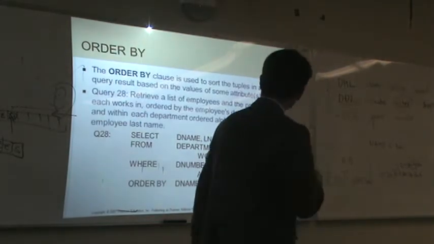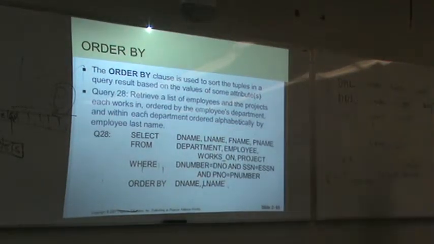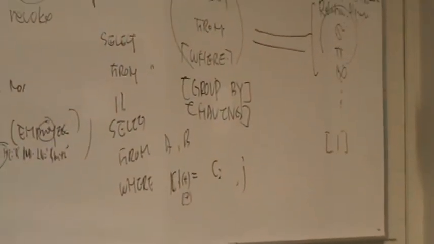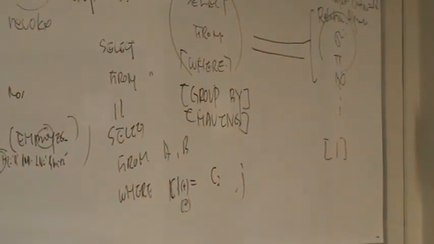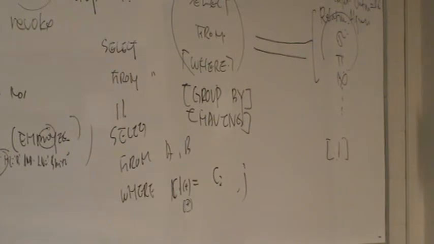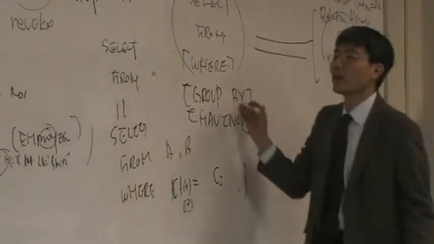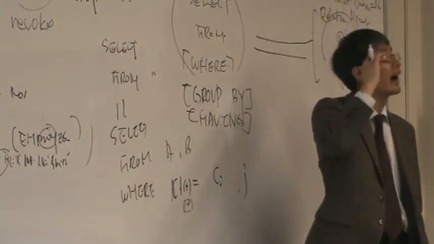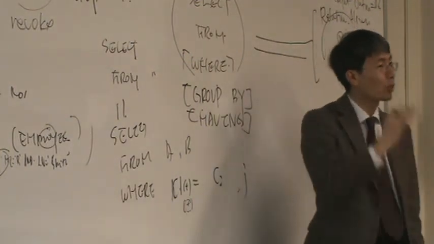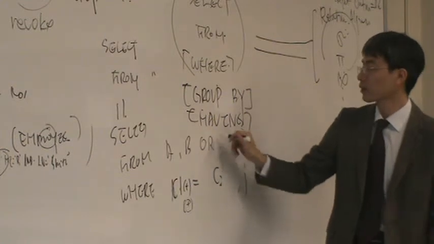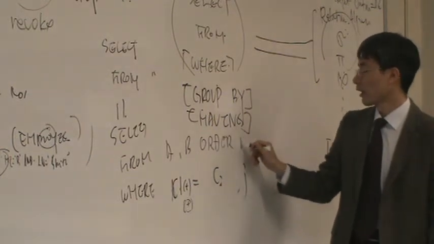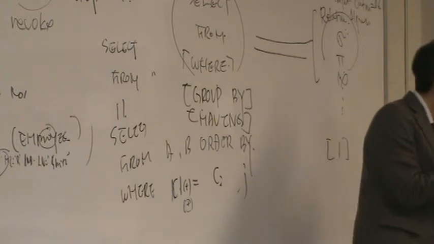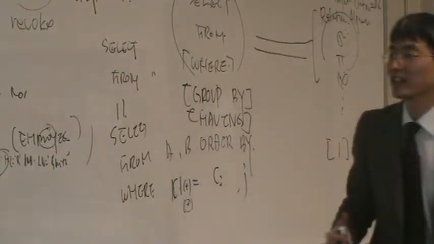Then finally, in this case, group by and having. When you are using the group by, it will be automatically sorted, right? Because you already sorted the data to group. Without using the group by, if I want to order by a certain column, order by ID, order by SSN, order by name, at that time you can use order by. There are two, ascending and descending.